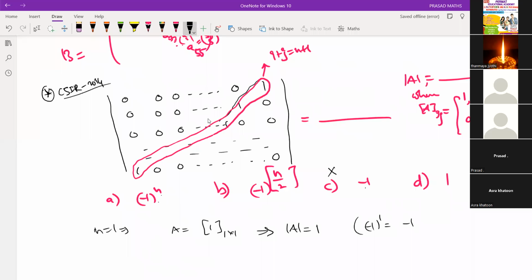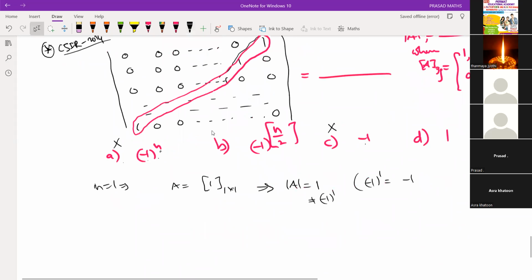Option C false because you are going to get that det A is 1, but this is minus 1. What is option A? Minus 1 whole power 1 because I'm taking n as 1. Therefore, minus 1 whole power 1 is equals to minus 1. Therefore, this cannot be det A. Therefore, options A and C are discarded. What are options B and D? Suppose for n equals to 2, I can take A looking like this, 0, 1, 1, 0.